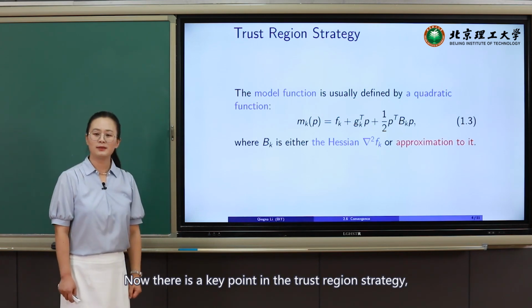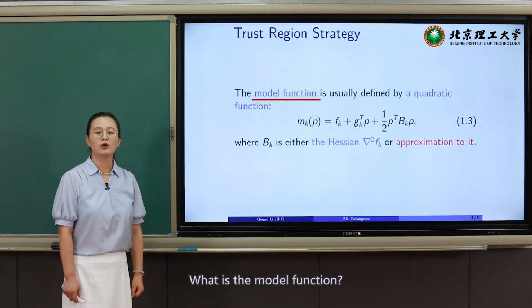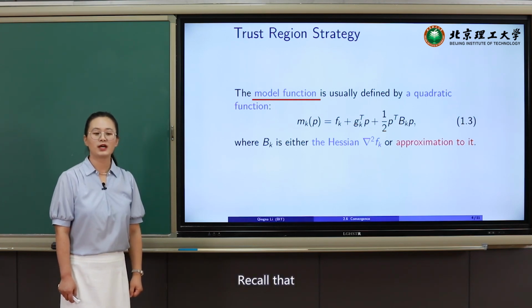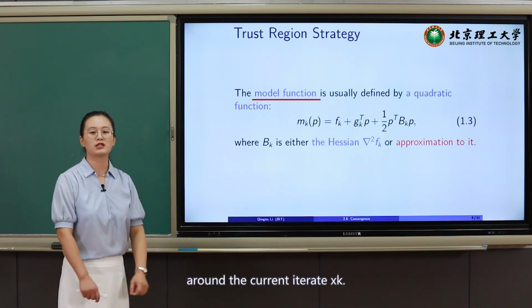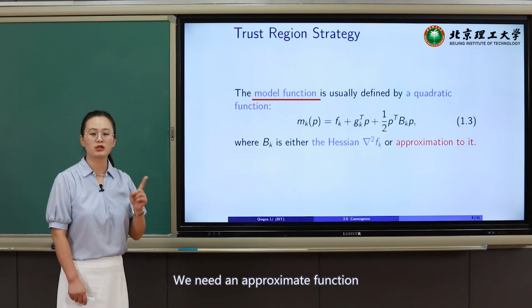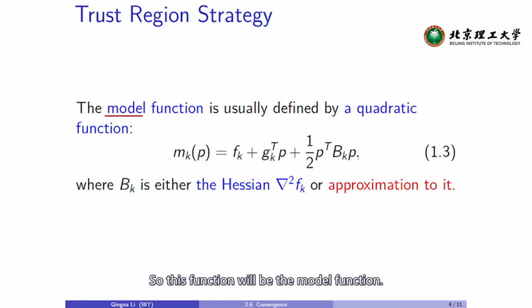Now, there is a key point in the trust region strategy, the model function. What is the model function? Recall that after we choose a trust region around the current iterate xk, we need a function to approximate the function f. This function is called the model function. Ideally, this model function should behave very similarly to the original function. However, meanwhile, it must be simpler than the original one.